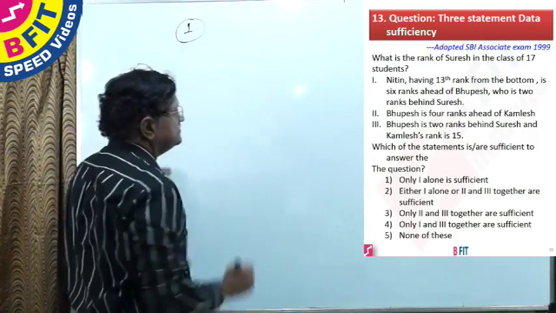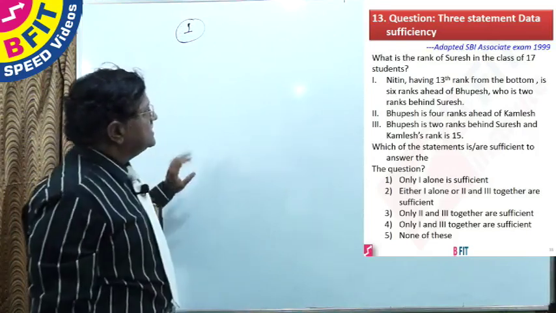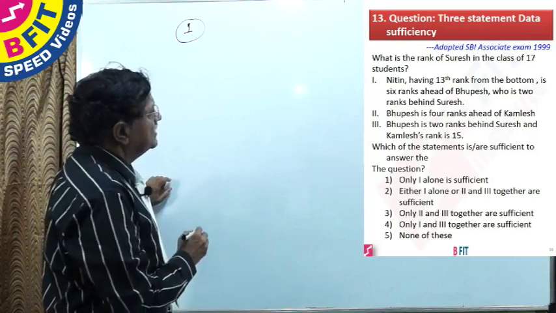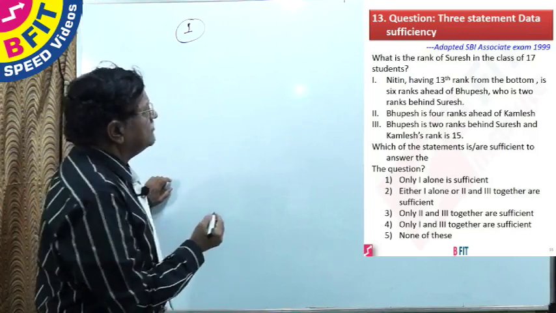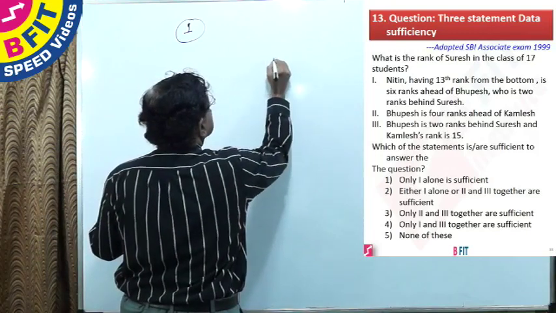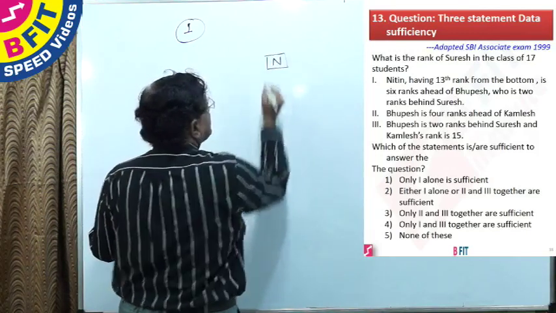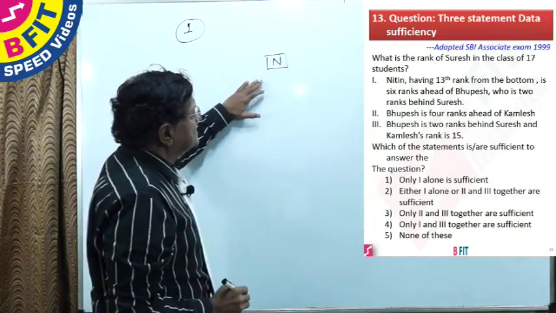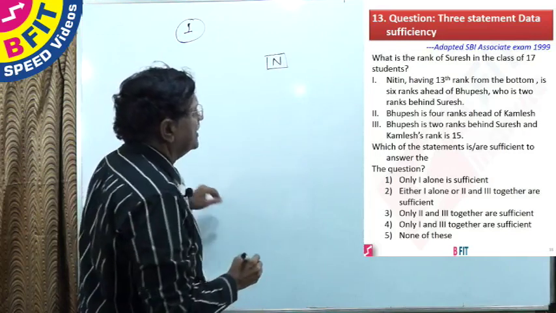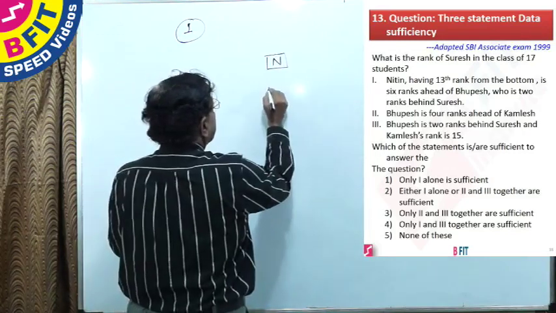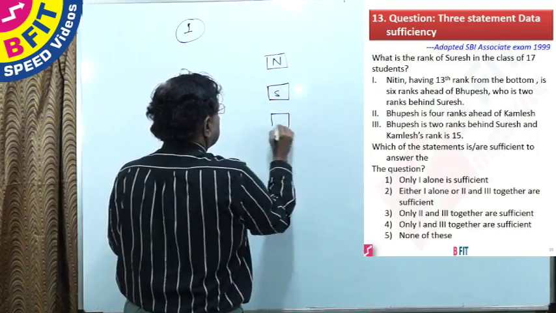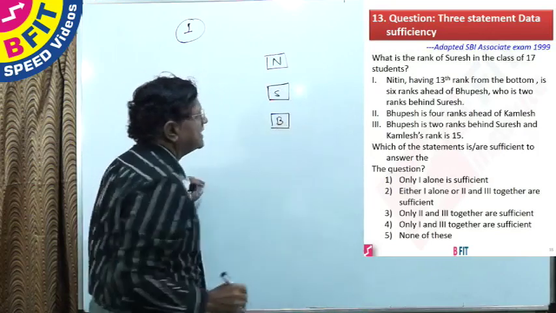Option 1. Nitin is having 13th rank from the bottom. He is 6 ranks ahead of Bhupesh, who is 2 ranks behind Suresh. Therefore, Suresh will come in between, and Bhupesh will come here.